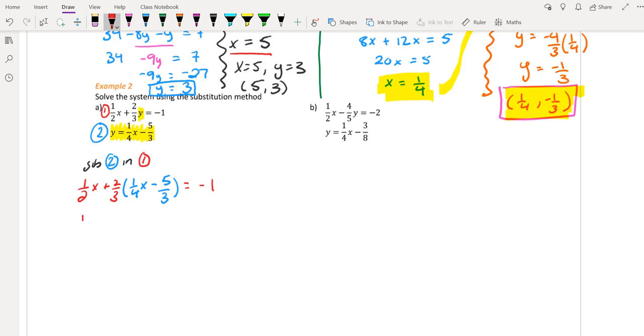So we have our 1/2 x here, and I need to multiply this 2/3 through the brackets. So 2/3 times 1/4 x becomes 2 over 12x. 2/3 times negative 5/3 becomes negative 10 over 9.